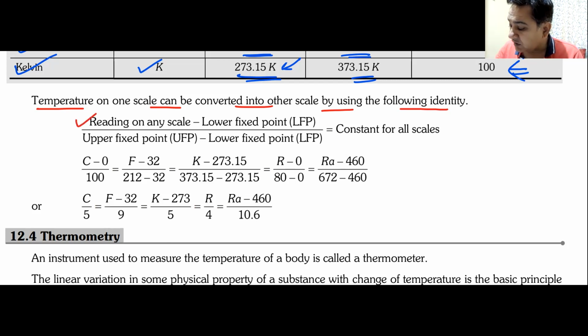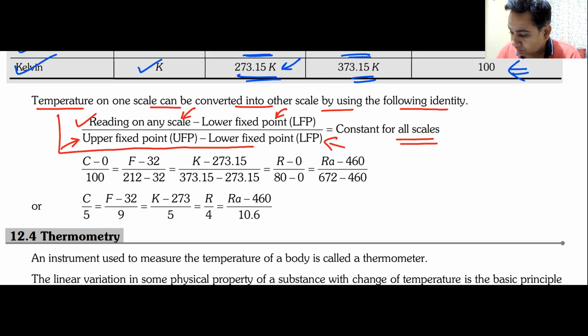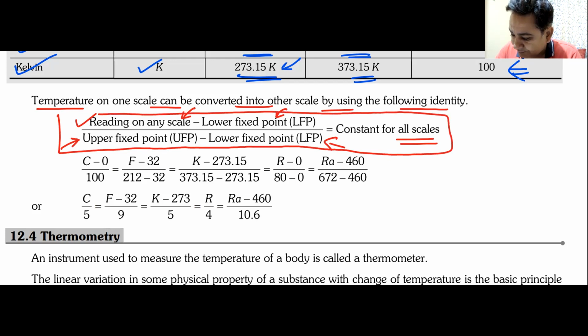Therefore, the reading on any scale minus the lower fixed point, divided by the upper fixed point minus the lower fixed point, is constant for all the scales. Do we all understand this equation? Have you seen this equation before? Yes, sir.